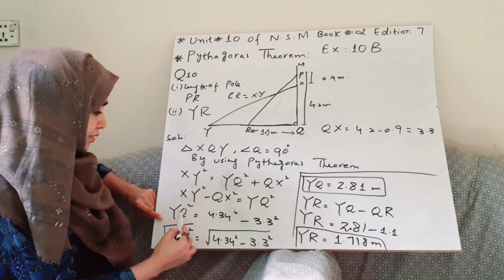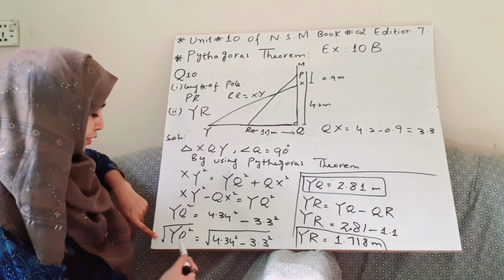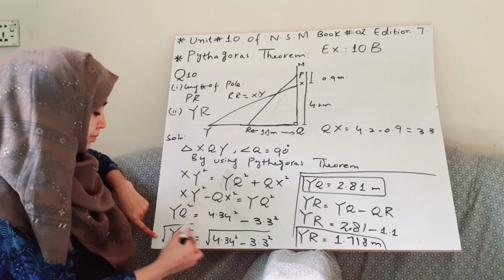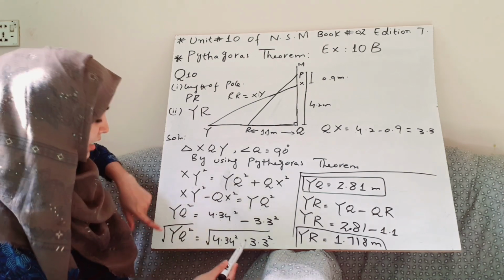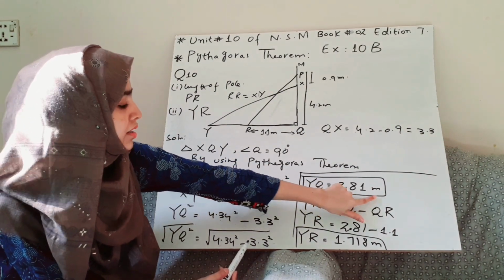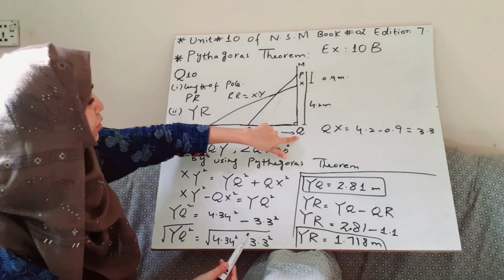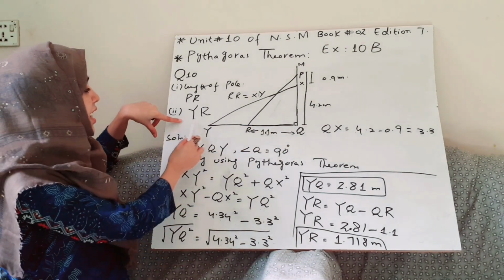Then we have to remove the square to find YQ. After taking the positive square root on both sides and solving, YQ will be 2.81 meter. So we have found YQ, but our task is to find YR.